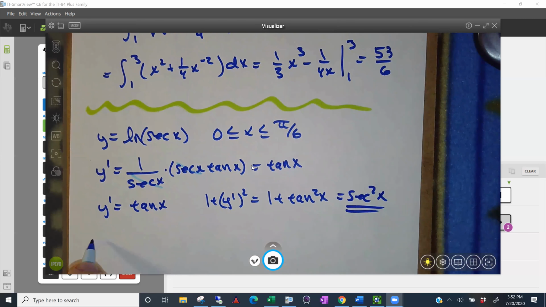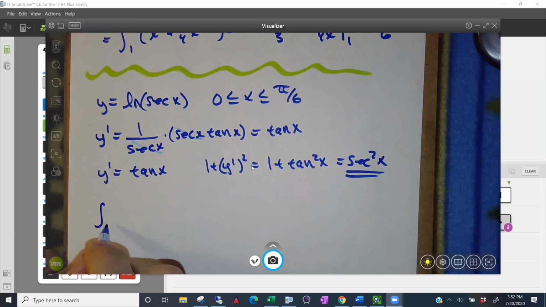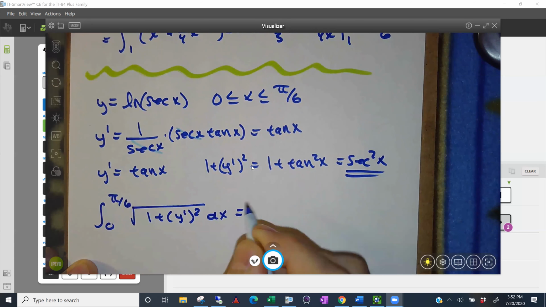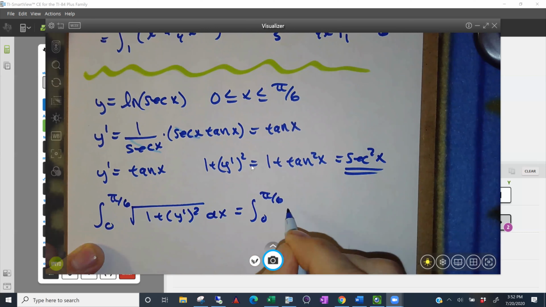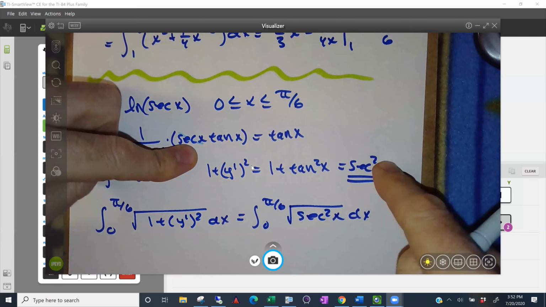So to put it all into our integral, that's going to be the integral from 0 to pi over 6 of the square root of 1 plus y prime squared dx. Turns into the integral from 0 to pi over 6 of the square root of secant squared of x dx. We already did that simplification up here.